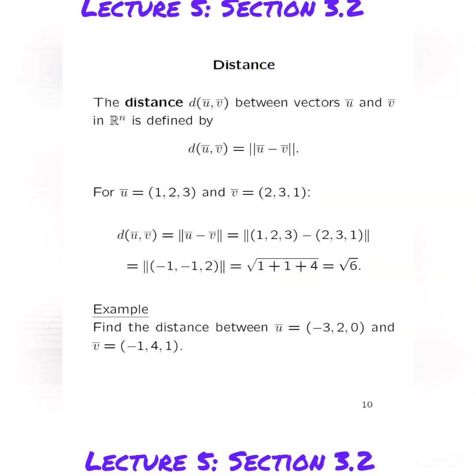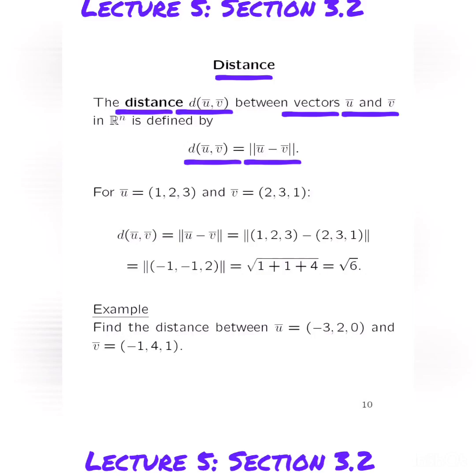Okay, next we have distance. The distance, denoted by d(u, v), is the distance between the vectors u and v, and it's simply defined as the norm of the vector formed by taking u and subtracting from that the vector v. We already know what the norm looks like.